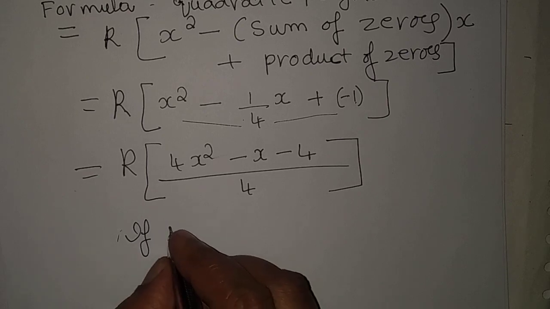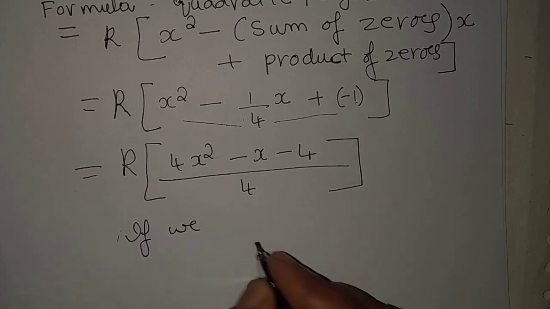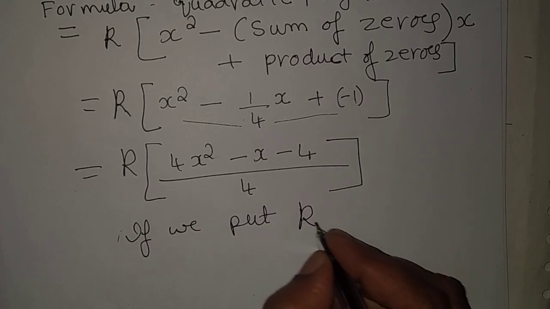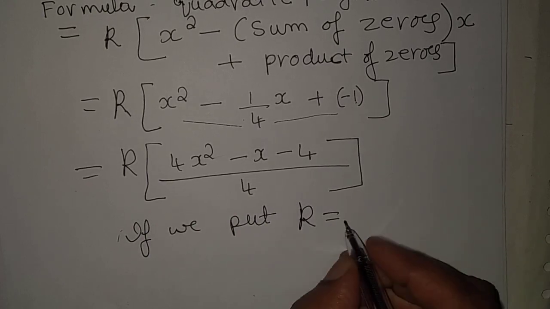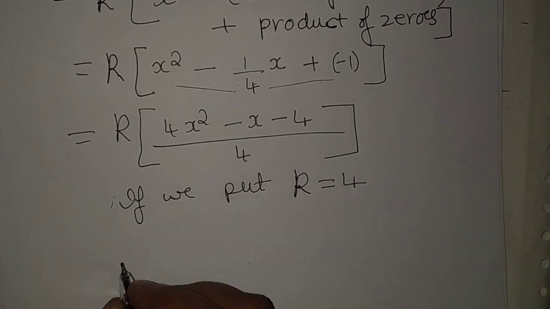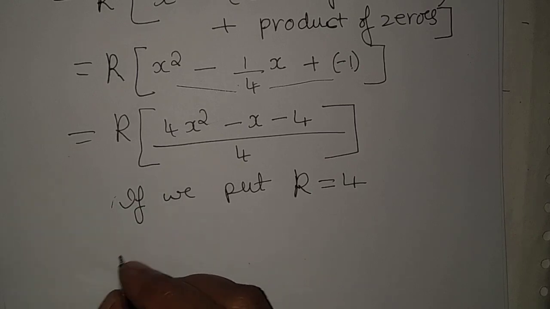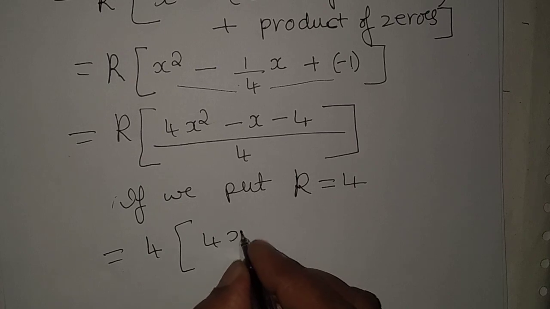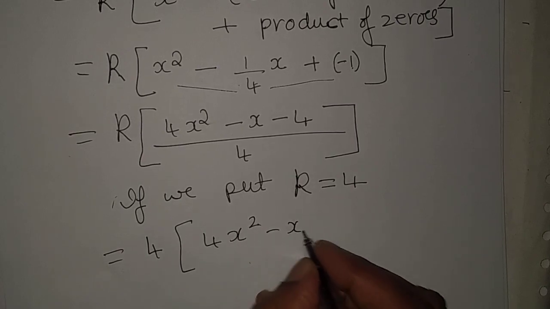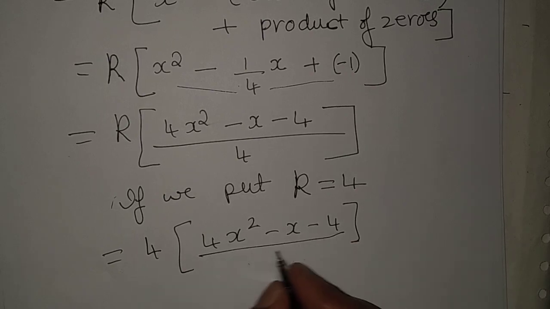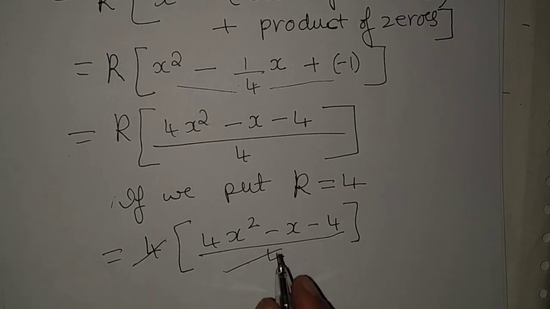If we put this constant k equal to 4 and substitute here in the equation, then we get (4x square minus x minus 4) by 4, cancel this.